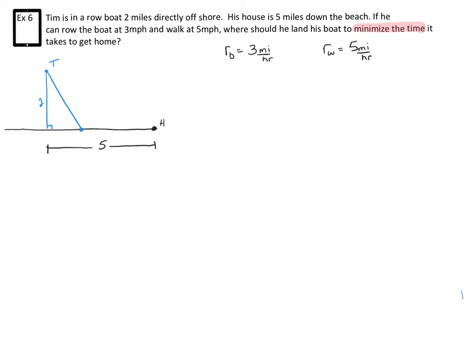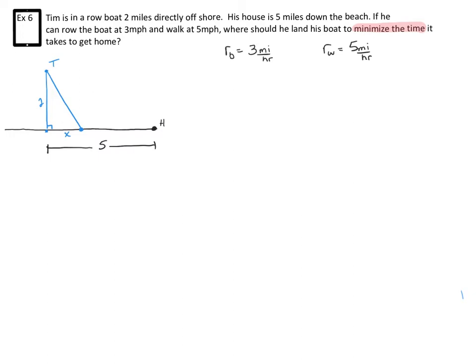So we're going to call that x miles downshore from the point directly offshore right here. We're going to go x miles toward the house and land the boat. And we need to figure out what's the optimal place to land that boat so its time is minimized.